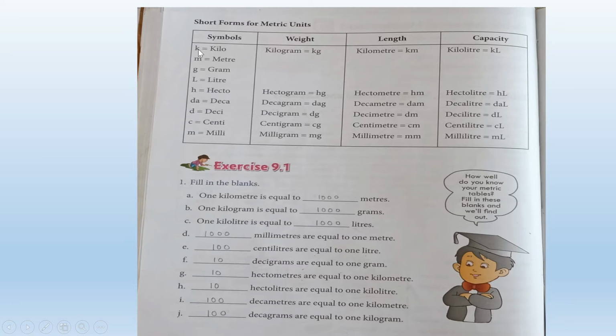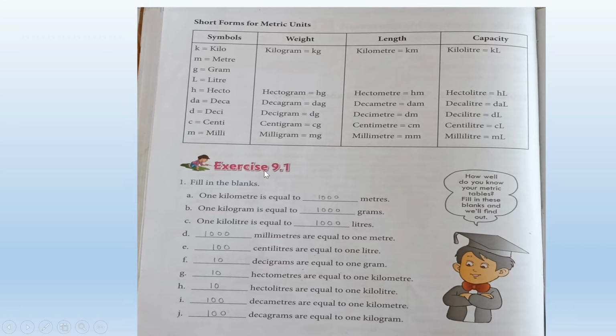K stands for kilo, M meter, G gram, L liter, H hecto, Da deca, D deci, C centi, M milli. For weight, kilogram is kg, kilometer is km, kiloliter is kl, hectogram is hg, decagram is dag, decigram is dg. All this you have to write down. So these are the short forms of the metric units.